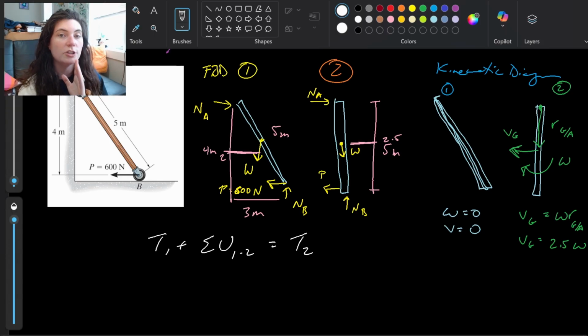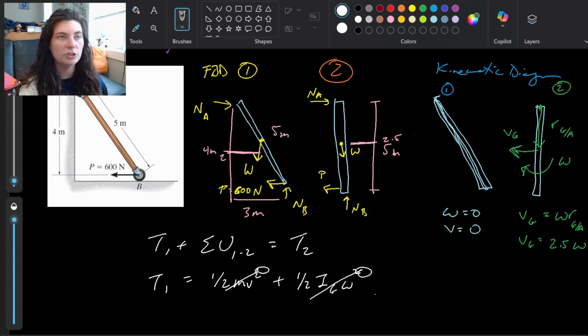Looking at my first kinematic diagram, my T1 is 1/2 mv squared plus 1/2 Ig omega squared. As I'm starting from rest, there is no initial velocity and no initial angular velocity. So that makes it easy. Once again, that initial kinetic energy is just 0.